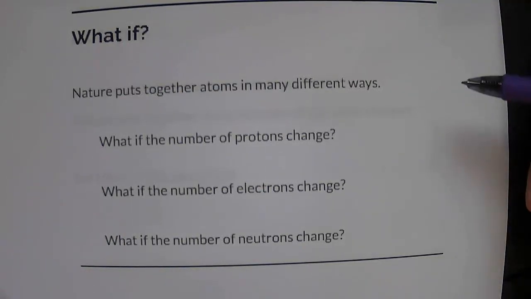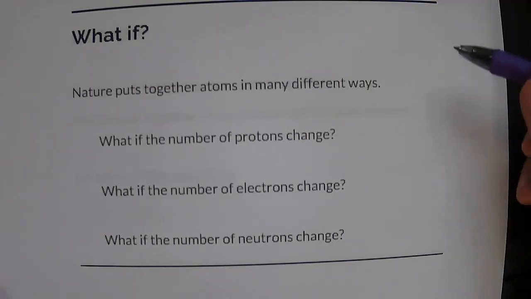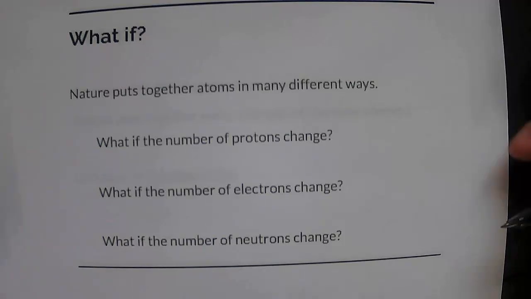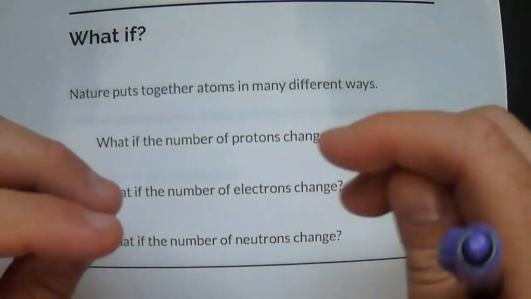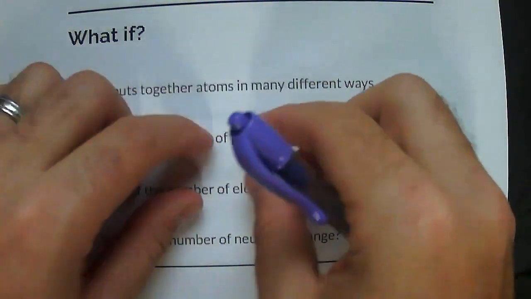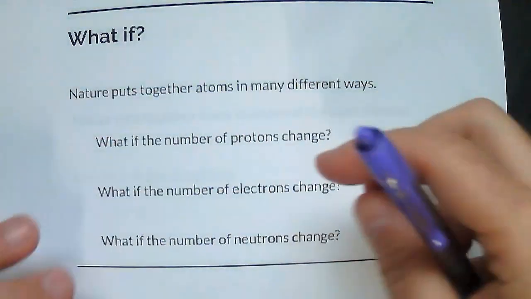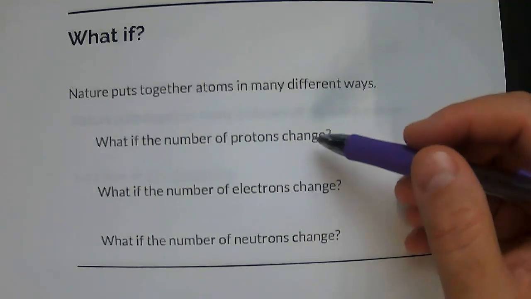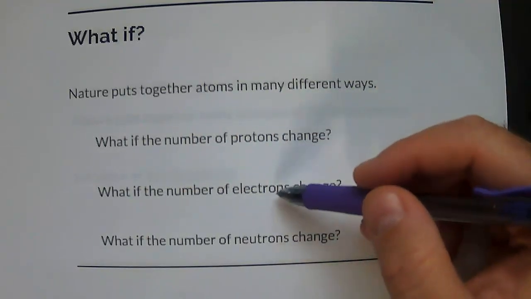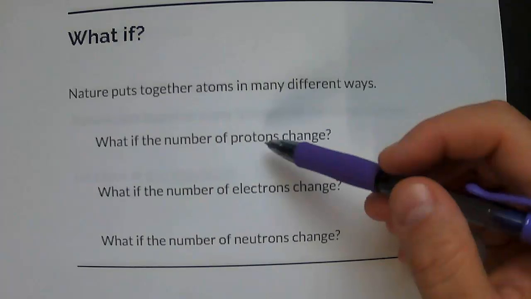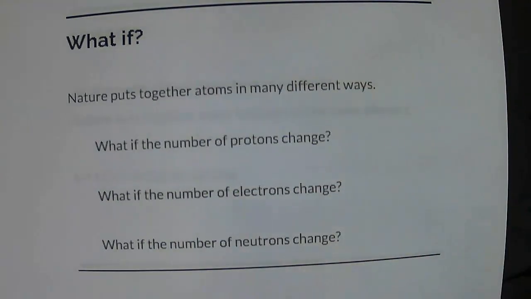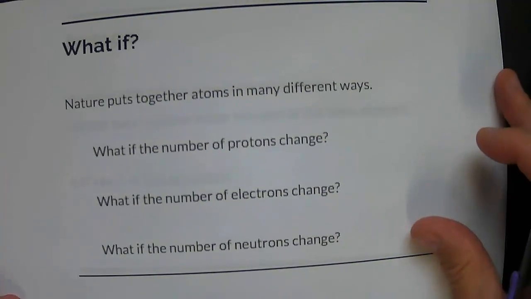What happens if? Okay, what if? Nature can put protons, neutrons, and electrons together in a lot of different ways. I always say that they're like Legos, right? So you put them together, and so you have three protons, 4 neutrons, and 4 electrons, and then the next one comes along, and I have 5 protons and 3 neutrons, and so it's just a whole bunch of different Legos being joined together.